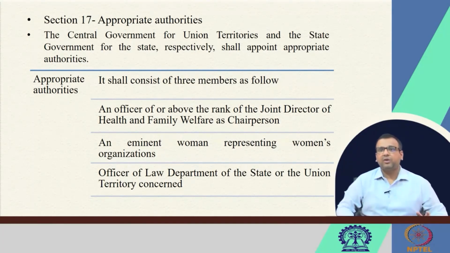So, these are the 3 members who make an appropriate authority, who give a registration certificate to a particular center, clinic or laboratory to perform such diagnostic techniques following the PCPNDT Act, and even if there is any violation, take the particular action accordingly.